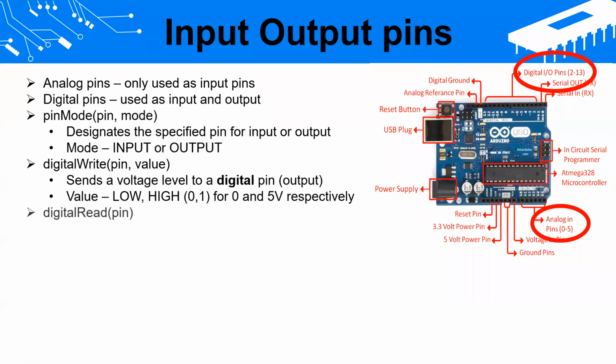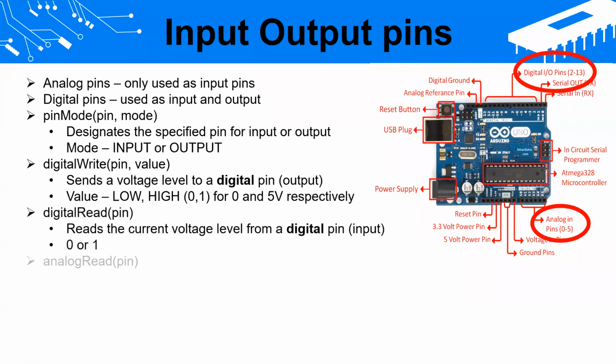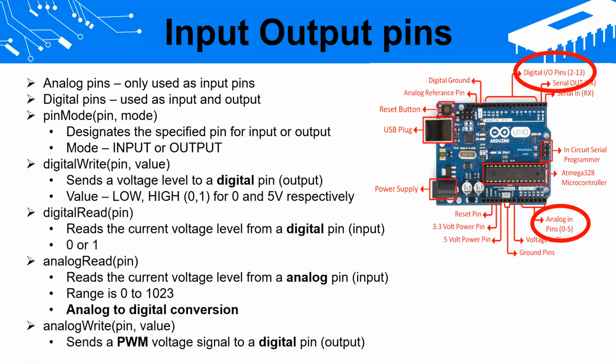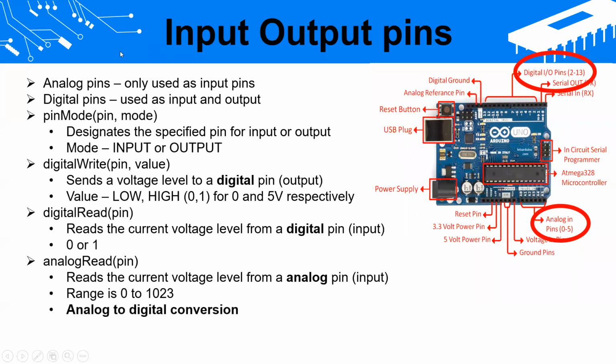Then in analogRead, that basically means we have a reading coming from the analog world. We are sensing the analog world, like light intensity.